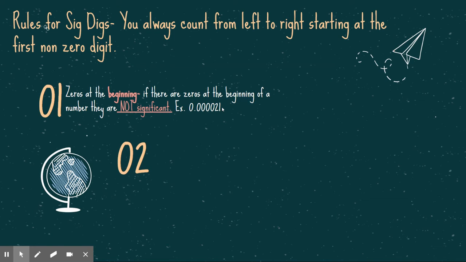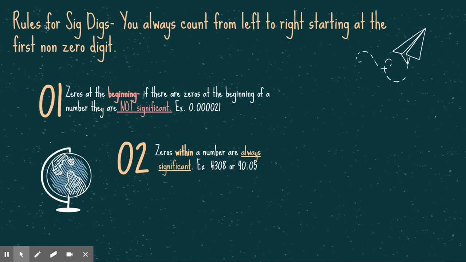The next rule we're going to talk about is what happens if there are zeros in the number. Zeros within a number are always significant. Up here it says you always want to start counting from the first non-zero digit, left to right. In these examples, there's a 0 here and 2 zeros here. Up here I said don't count the zeros, but that was because they were in front. Down here, you need to count the zeros because we always start from left to right with the first non-zero digit.